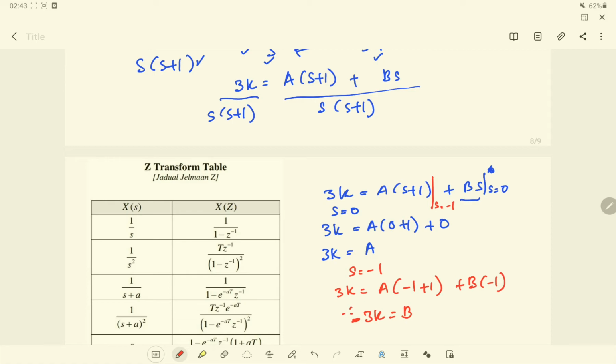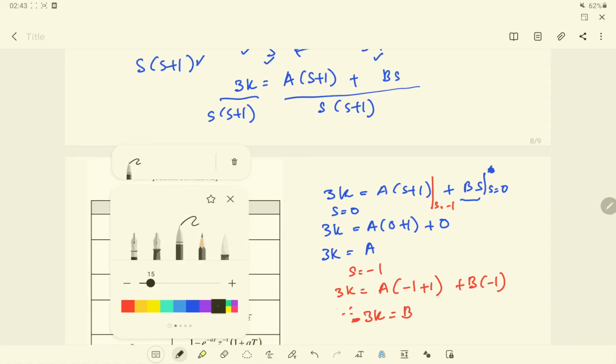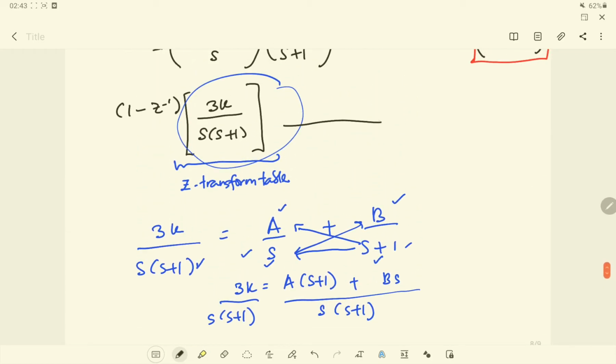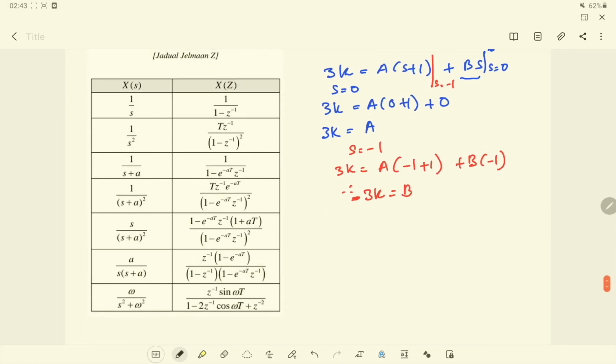Now we replace it in the first equation, which I think is equation 1.